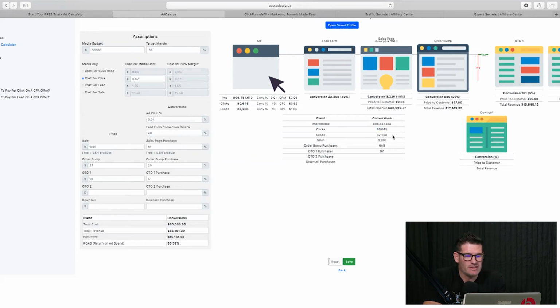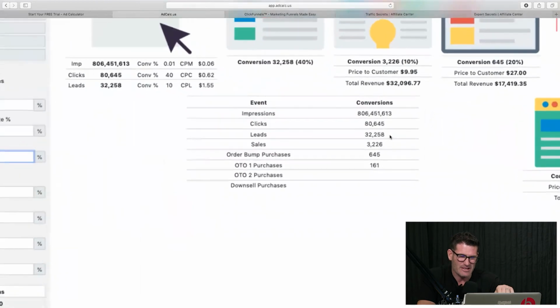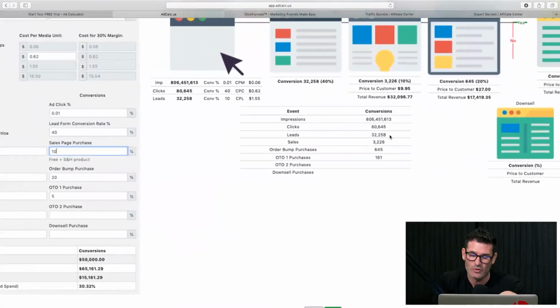So why did the revenue go up? Well, the revenue went up because you got more clicks, that means you get more leads. And because you got more leads, and if you keep the conversion the same on your sales page, you're going to get 10% conversion rate on 32,258 leads versus what you were getting earlier, which was the 20,000.